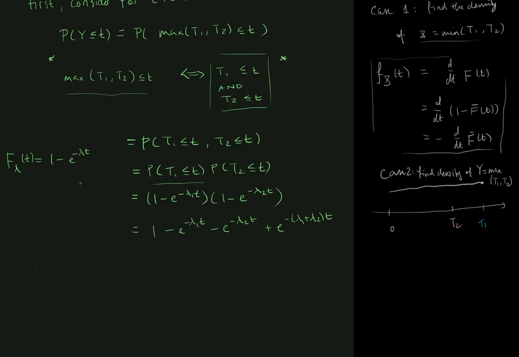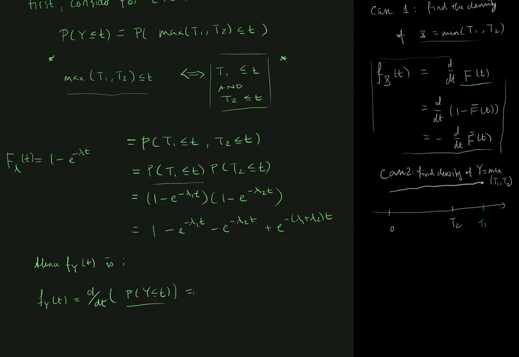So when we want to find the density, what we do is we differentiate the distribution function, right? So hence, the density f_Y of t is equal to d/dt of the probability that Y is smaller than or equal to t, so the derivative of the distribution function. This is also what we otherwise denote as f(t).